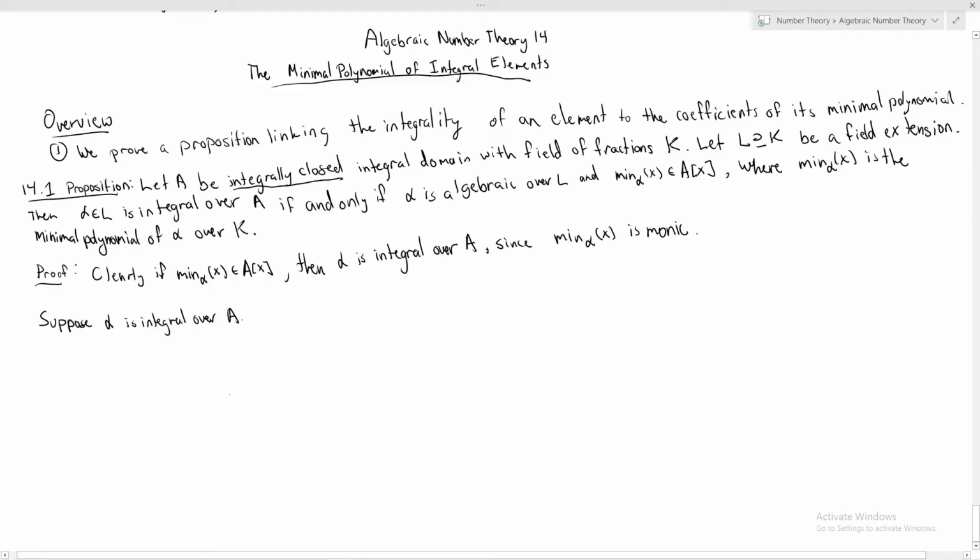So the first thing to notice, first observe the following.